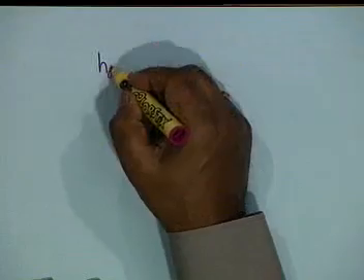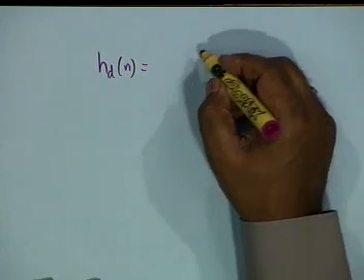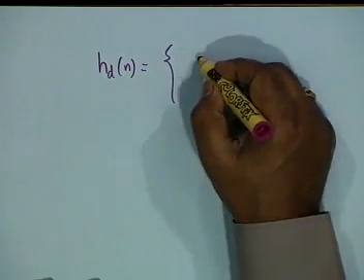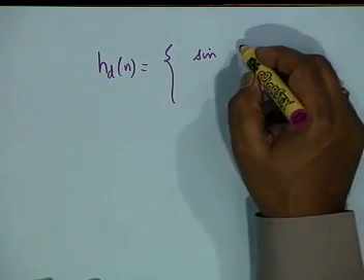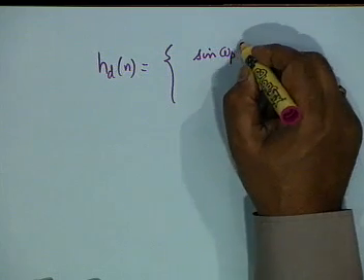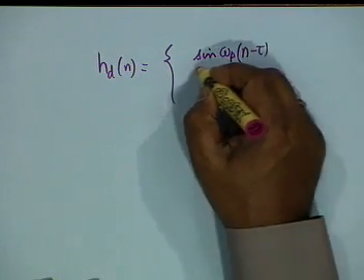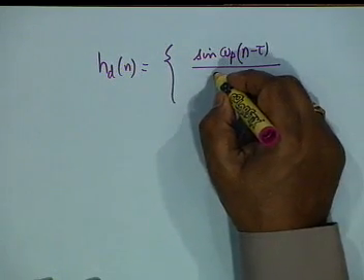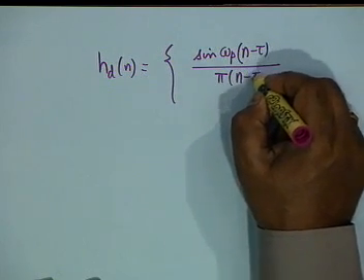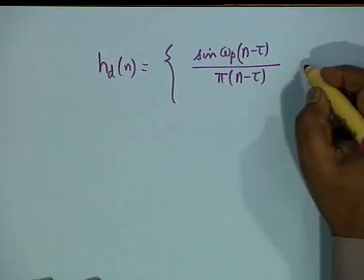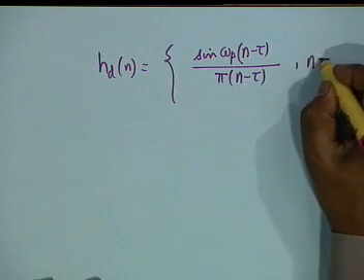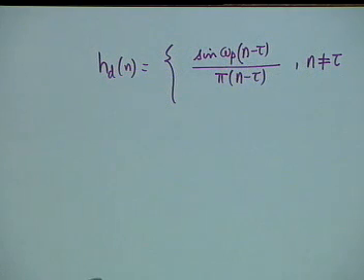And I would omit the intermediate steps. Hdn becomes equal to sine of omega p times n minus tau divided by pi times n minus tau, provided n is not equal to tau.